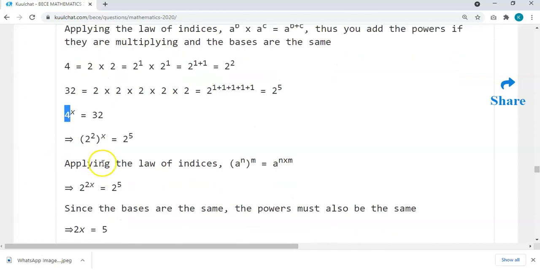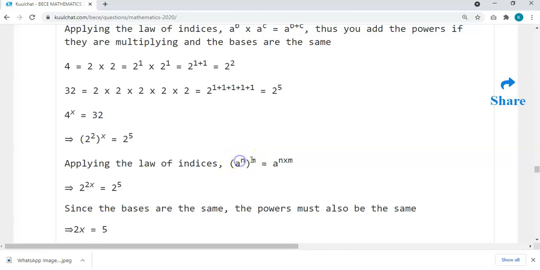Okay, and the same law of indices, which has been quoted here: when there's a bracket, the power outside multiplies the power inside. If there are more, it will multiply all of them. But here in this example, you have only one. So you have a to the power n, all to the power m.